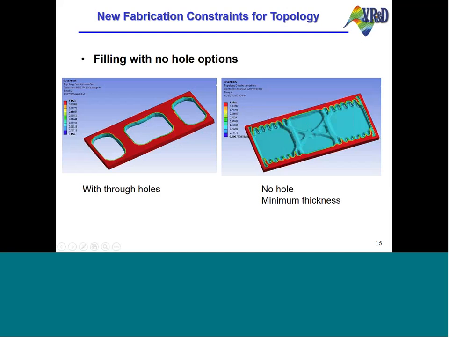You will get holes on the surface, on the body, and on the right, with the no-hole option, the topology will try to remove material from the top and bottom, and at the same time try to ensure a minimum thickness. So with this new casting fabrication constraint, it can give you a watertight design. This is preferred in many design applications, such as engine cover design and some other designs with a package.